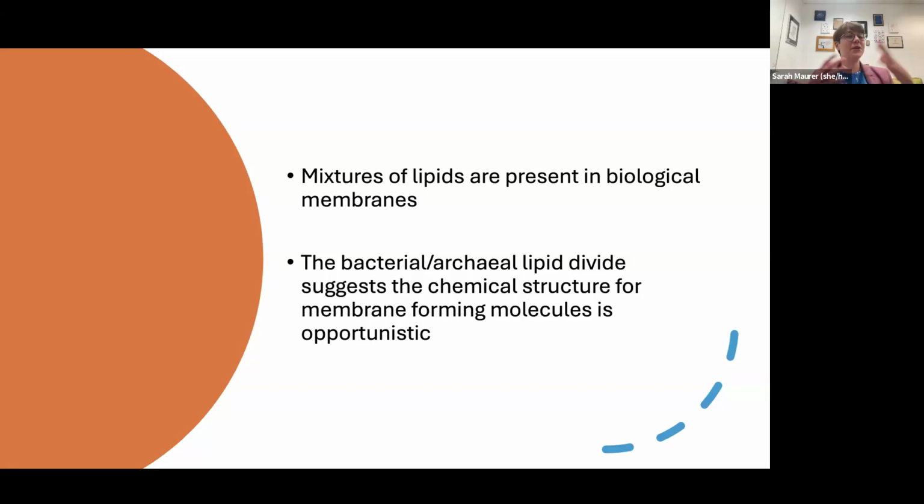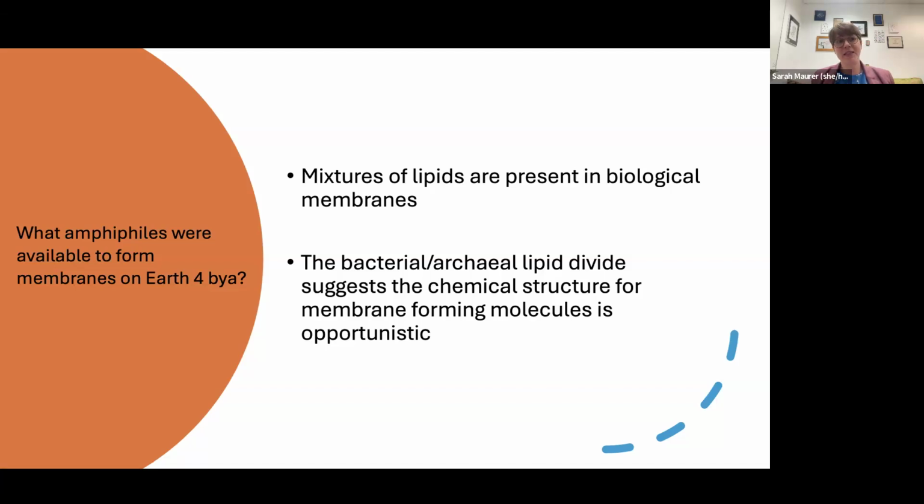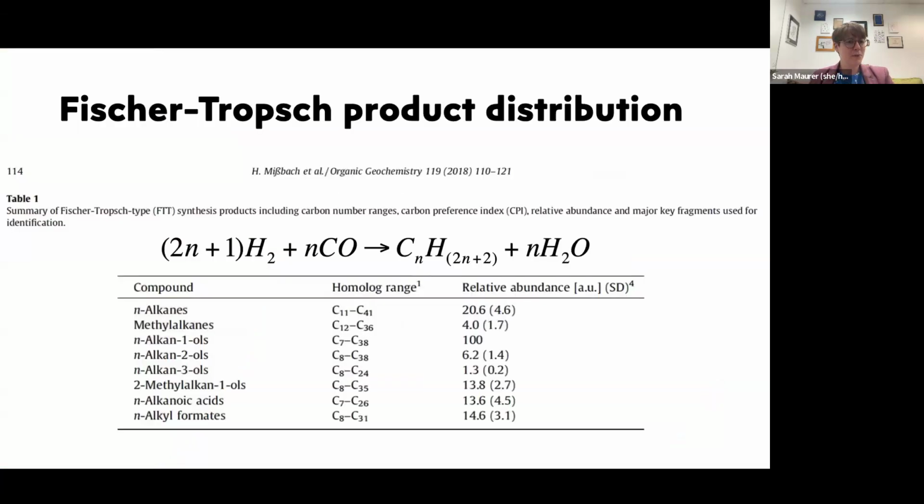All right, so back to thinking about origins of life. If we are going to make membranes 4 billion years ago, what would we use, and how do we do that? So this is a little bit more review. The way that we think hydrophobic molecules were made in the absence of biological metabolism is through a Fischer-Tropsch type synthesis.